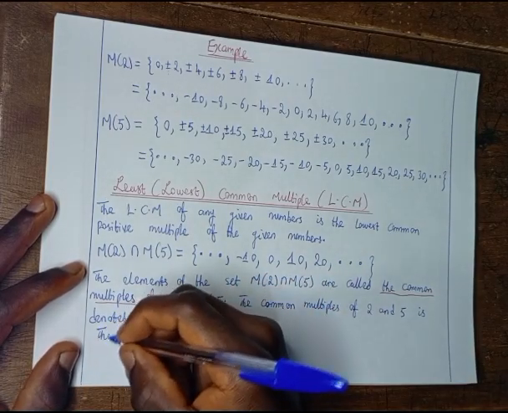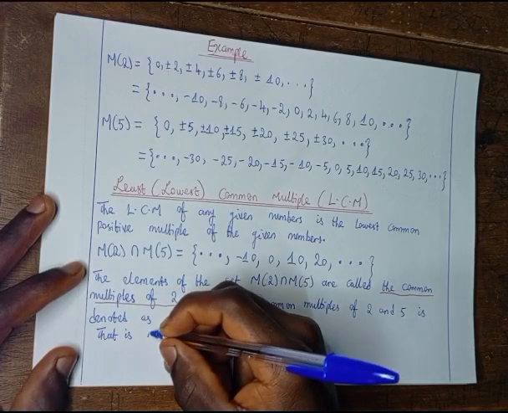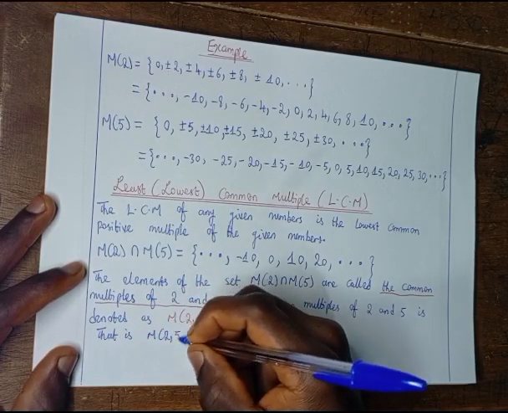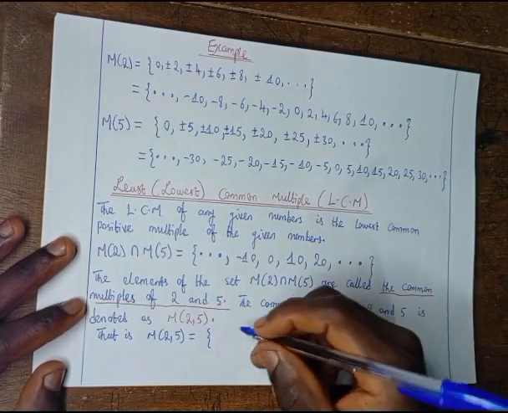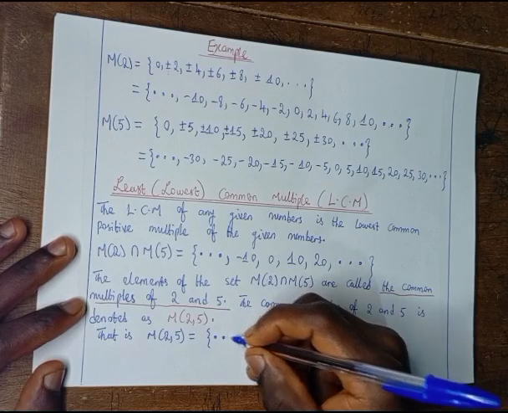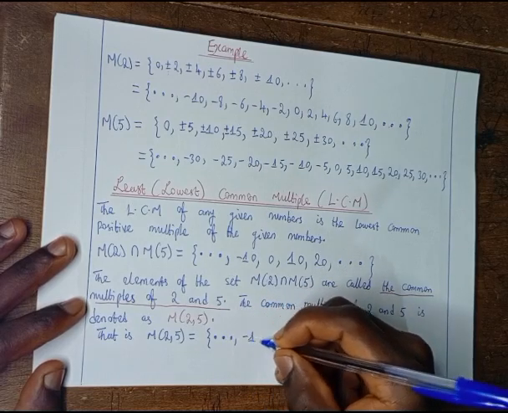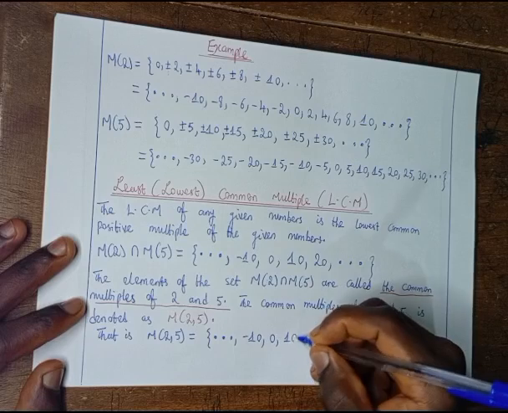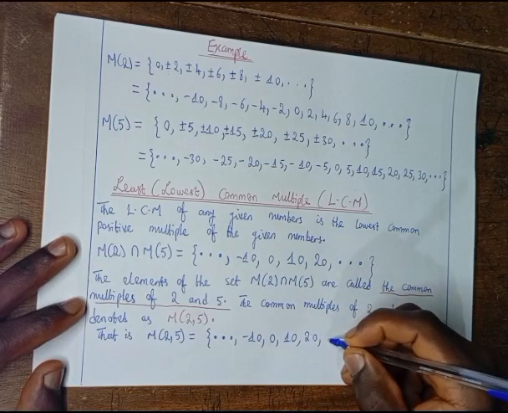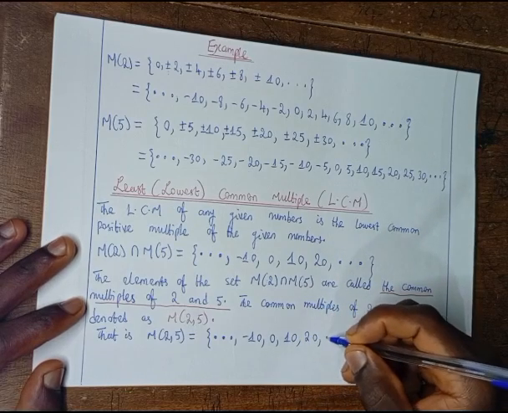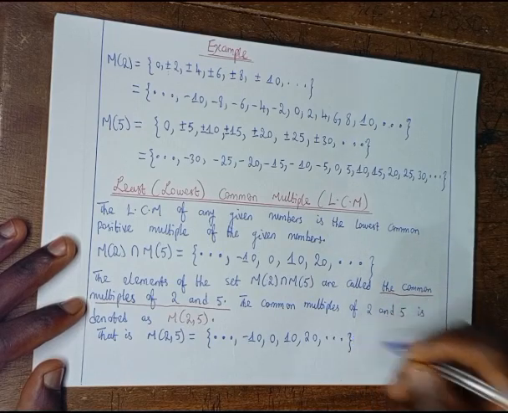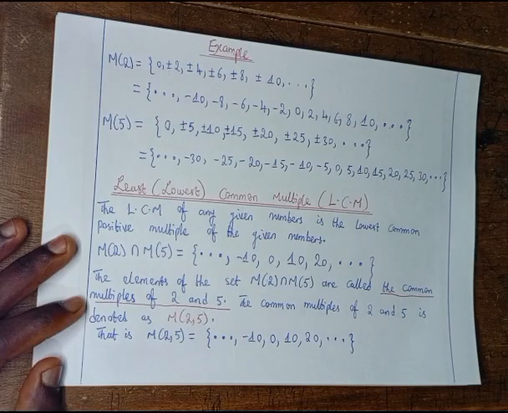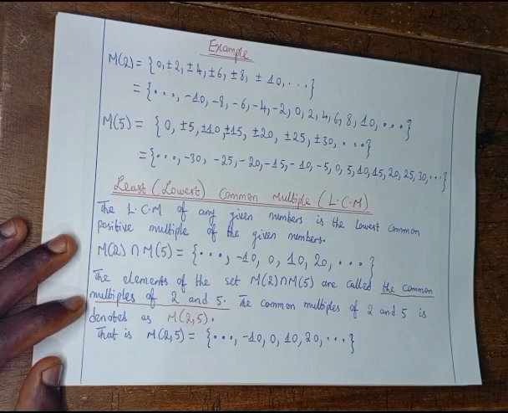That is, M of 2 and 5 is simply the set. We're going to copy down this set: -10, 0, 10, 20, we end with 3 dots as such. Since it is an endless set, we are going to take note of that.